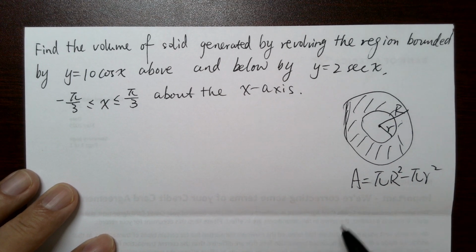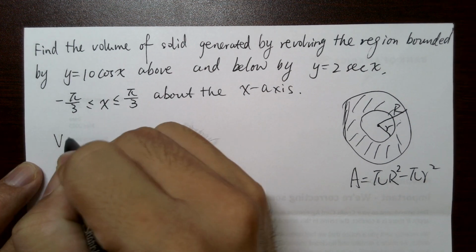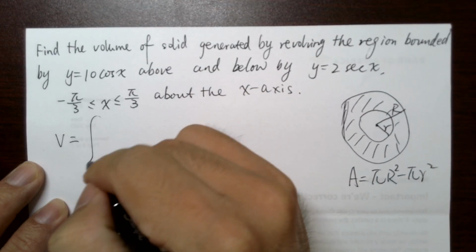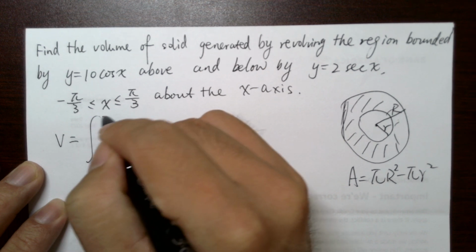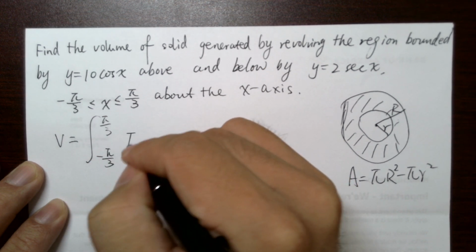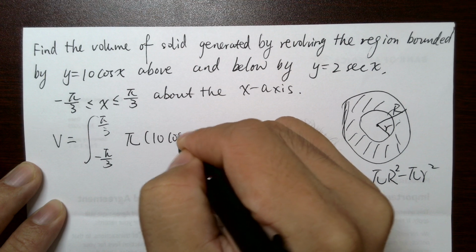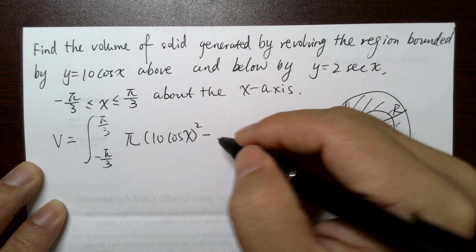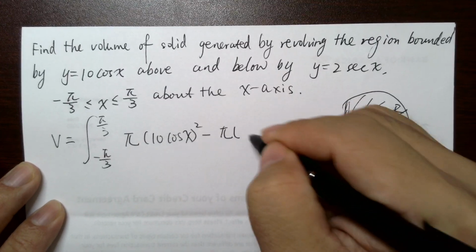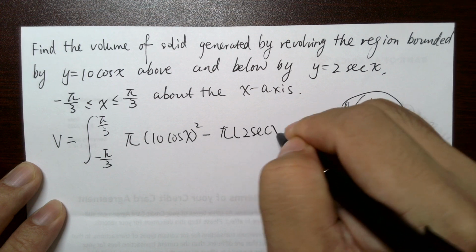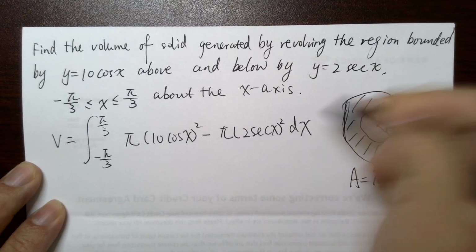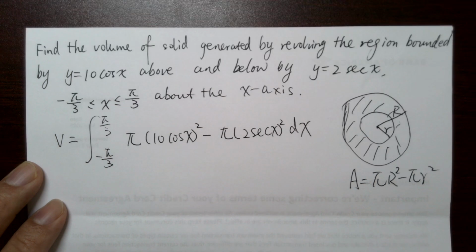If we set up the problem, the volume is going to be the integral from negative pi over 3 to pi over 3 of pi times (10 cosine x) squared minus pi times (2 secant x) squared dx. Okay, so that's how we set it up.